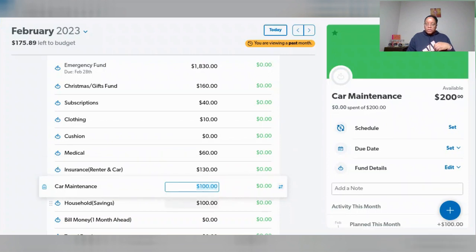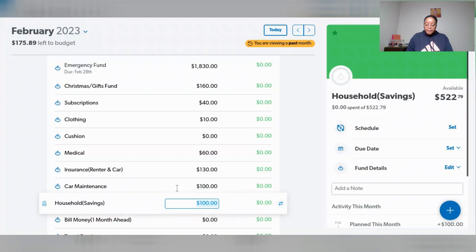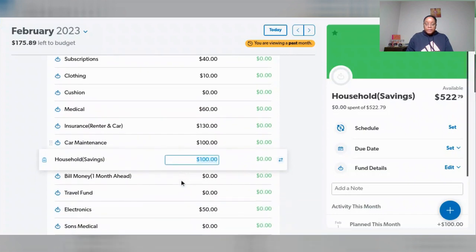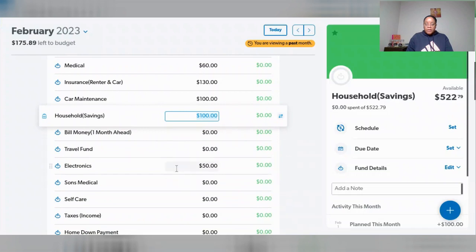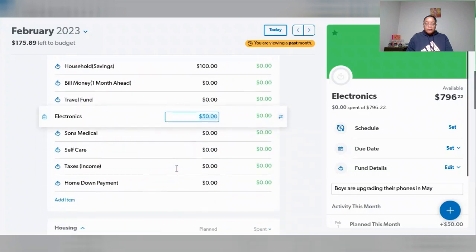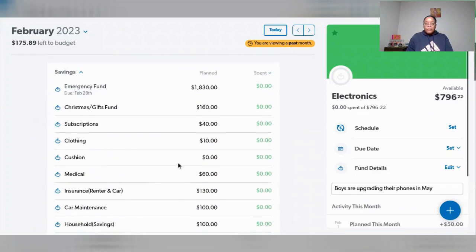Household is 100. Double checking my numbers. And electronics is 50. All right, so that means I have $175.89 that I can add to my emergency fund.